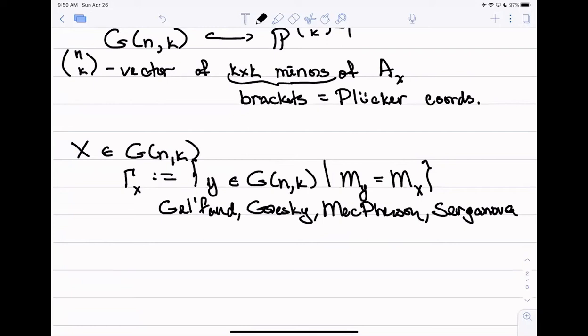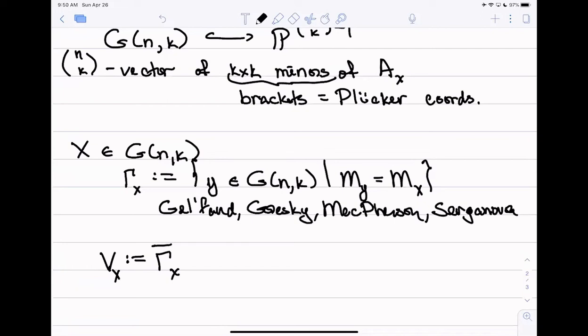I'm not actually interested in these sets Gamma X because I'm an algebraic geometer and I want to think about how to describe these sets using polynomials. So actually, I'm interested in a slightly different set that I'll call V X. V X is what I'm going to define to be the Zariski closure of Gamma X. If you don't know what that means, it's the smallest set containing Gamma X that arises as the solution of a system of polynomial equations.